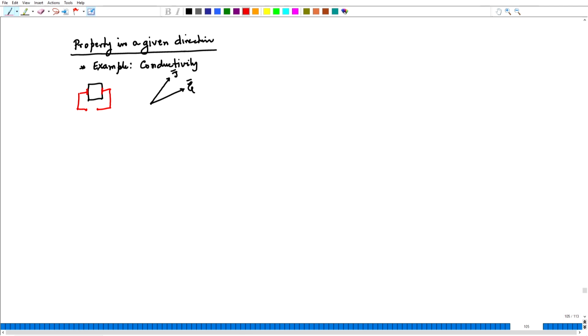Now, in an anisotropic crystal, the flux J could be non-parallel to the electric field. So, I must take its component along the electric field, and let us say that component is J parallel.